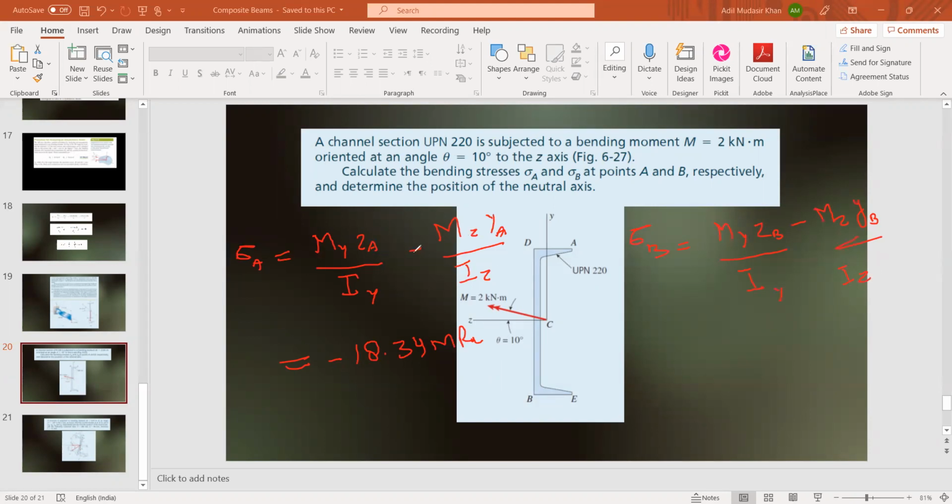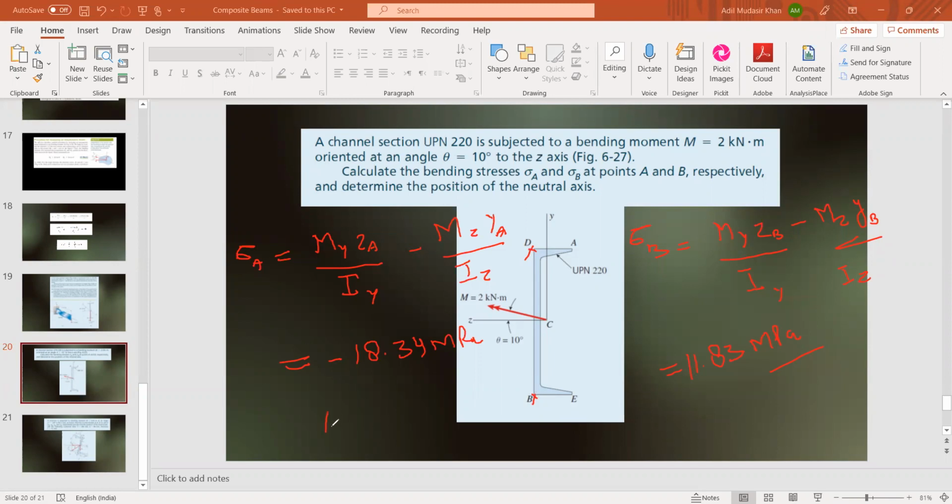In place of Za, we are writing now Zb. Once we substitute the values, it comes out equal to 11.83 megapascal, which is the stress at point B. After calculating the stress at A and B, we can also calculate the value of sigma D by making use of these formulas.